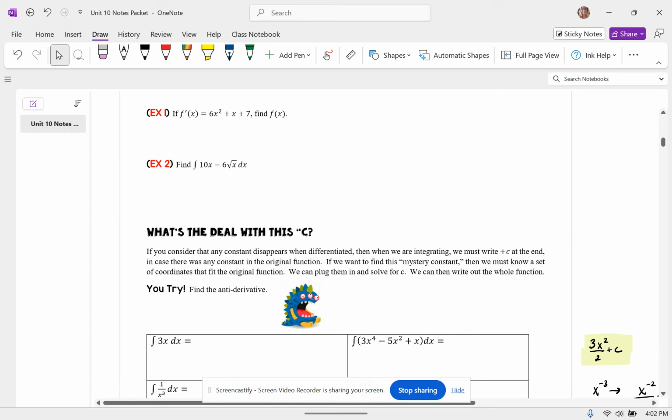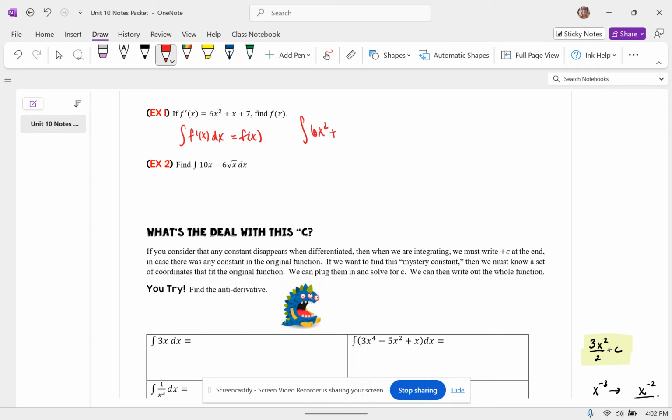So if f prime of x is equal to 6x squared plus x plus 7, let's find the original. Okay, so I'm going to integrate f prime of x dx, and that should get me back to the original. So let's do it. I'm going to integrate 6x squared plus x plus 7. Don't forget your dx, okay?